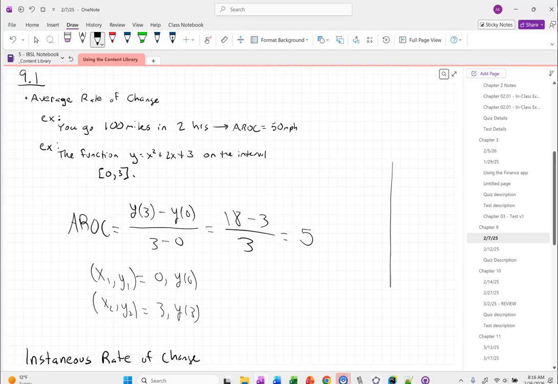Visually, what this would have looked like is here's 0, 3, and here's 3 comma 18, and the line that would connect them should have slope 5.